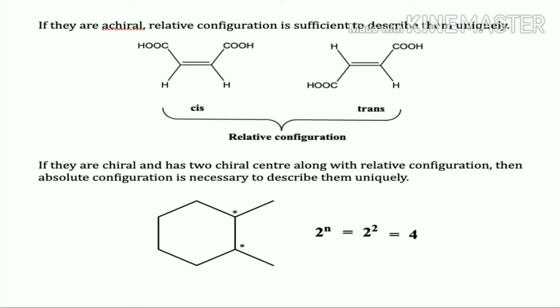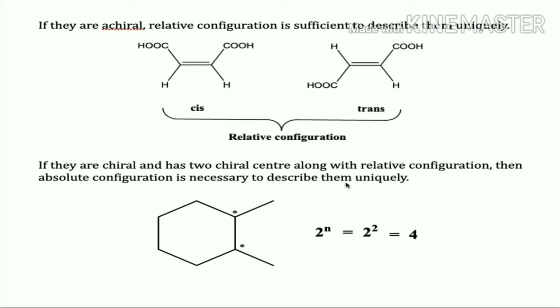If the molecules are achiral, then relative configuration is sufficient to describe them uniquely. I can easily distinguish maleic acid and fumaric acid by only looking at the relative configuration, because there is no problem of chirality. But if they are chiral and have two chiral centers, then along with relative configuration, absolute configuration is necessary to describe them uniquely.